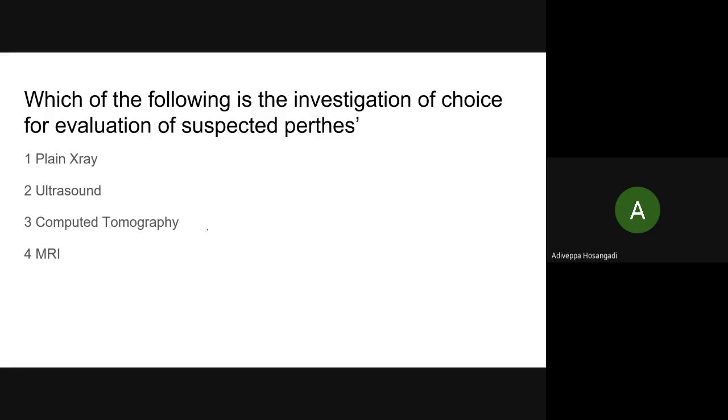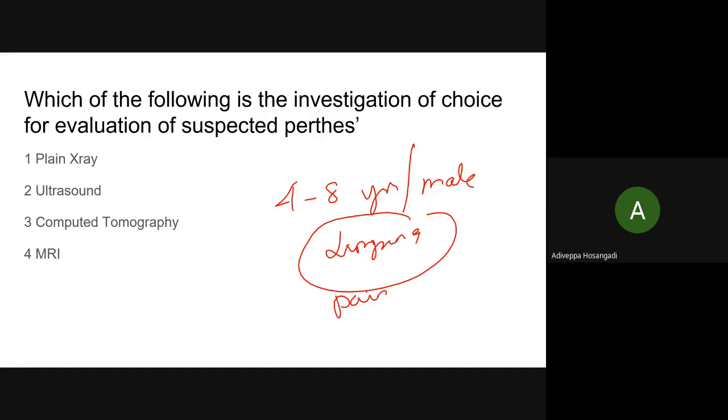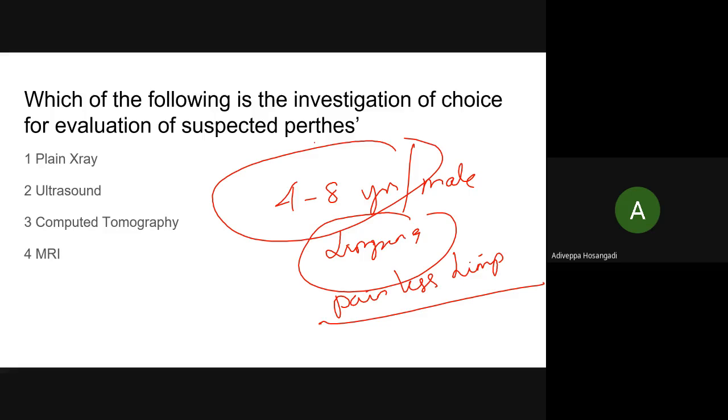So when do you suspect Perthes? A child between 4 to 8 years, a male child comes to you with limping. Initially it is a painless limp. This is more important: painless limp in a child between 4 to 8 years.